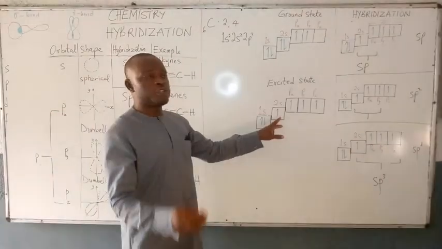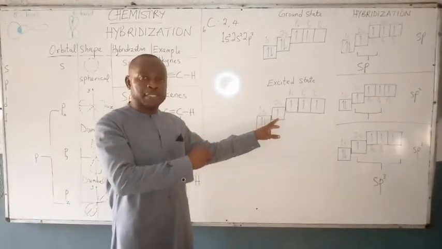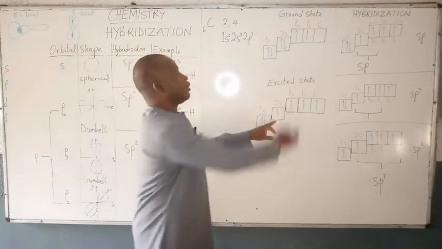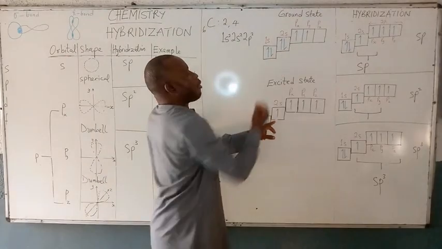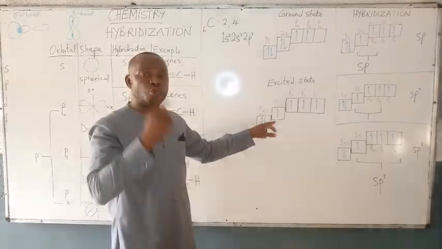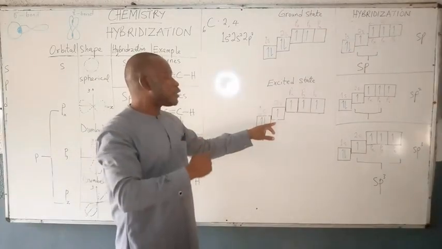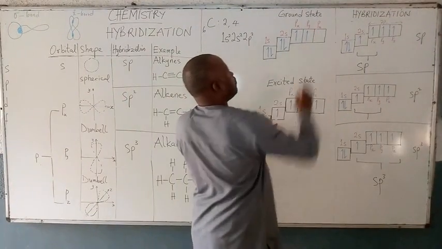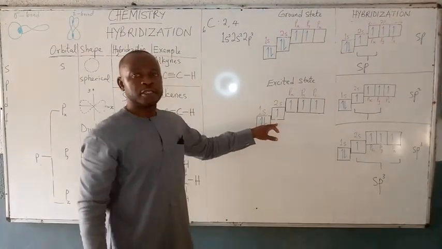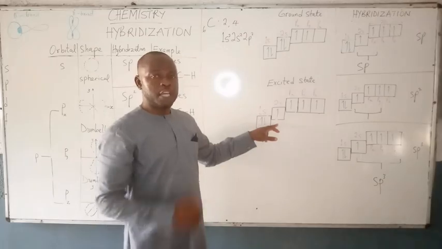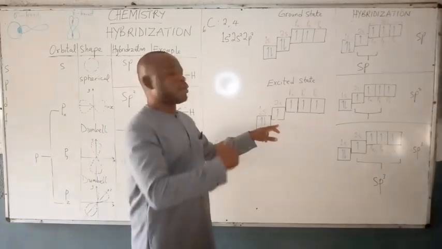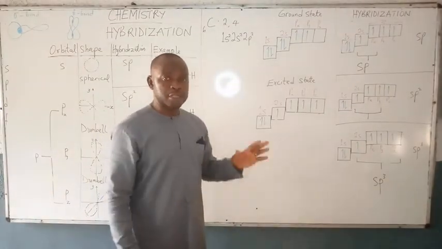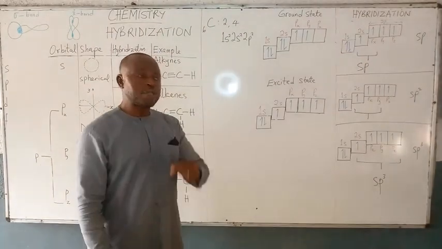When energy is given to an atom of carbon in ground state, the electrons here acquire the energy, and one of the electrons becomes promoted to this point, this pz empty degenerate orbital. It becomes promoted, it becomes excited. Do you understand? What happens next?